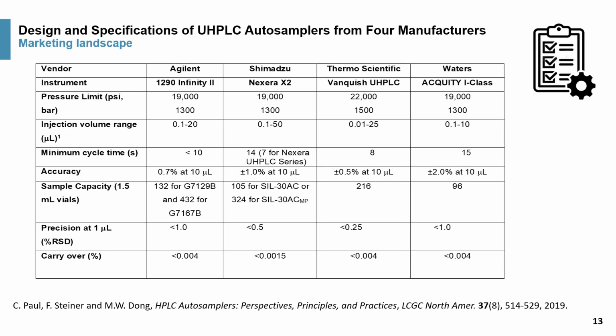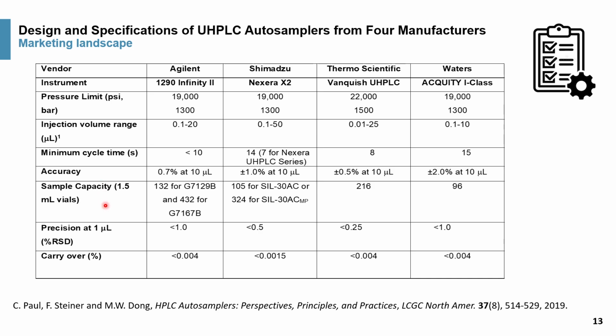Now this is a big table. Basically, we look at the HPLC autosamplers from the 4 major manufacturers. It tells you a little bit about the marketing landscape, right? I would not elaborate too much. We talk about pressure limits, a pretty comparable injection volume range, the minimum cycle time, accuracy, which is different from precision, right?